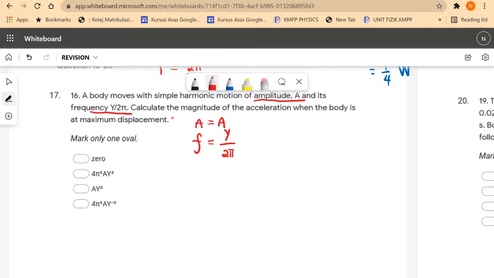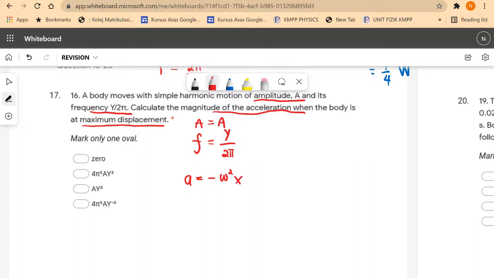Calculate the magnitude of the acceleration when the body is at maximum displacement. The formula for acceleration of simple harmonic motion is a equals omega squared x, or negative omega squared x.